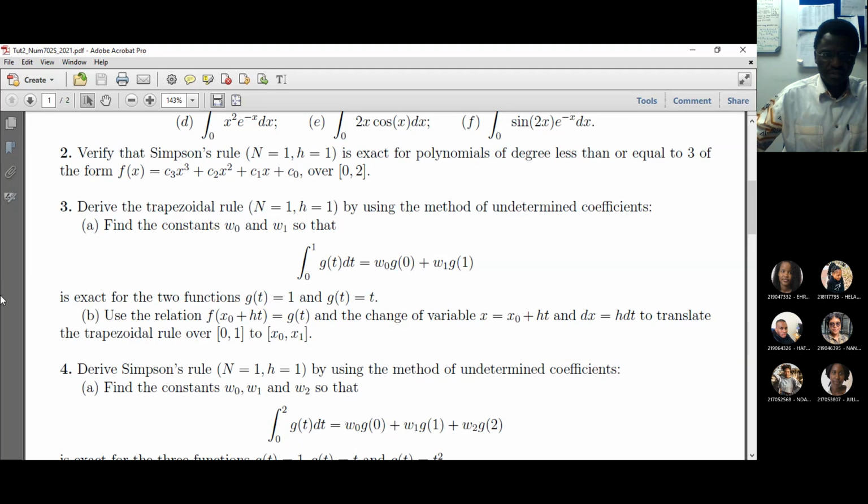At this level, you just use a change of variable. Integrate f of x and write it in terms of the integral of g t.